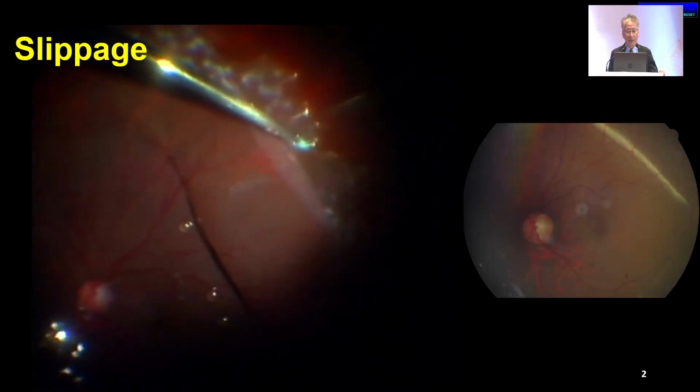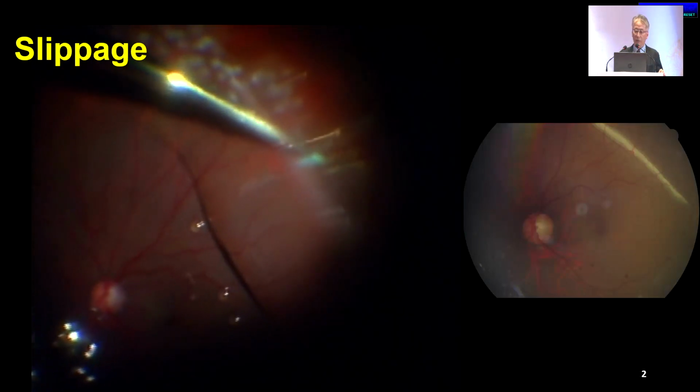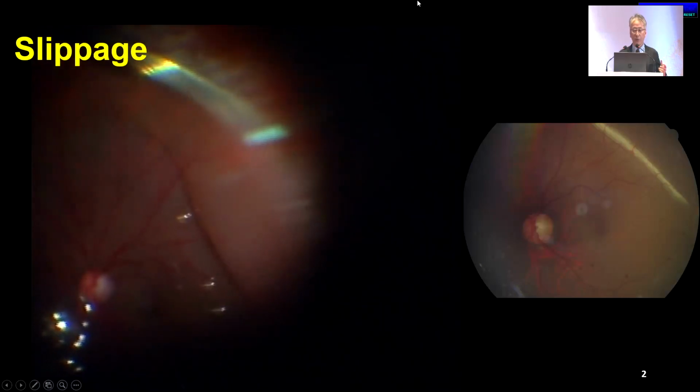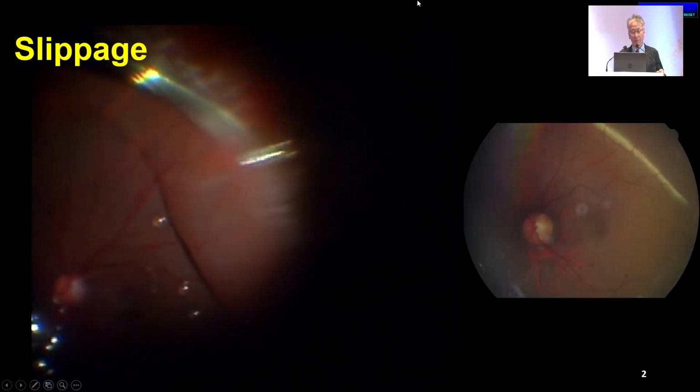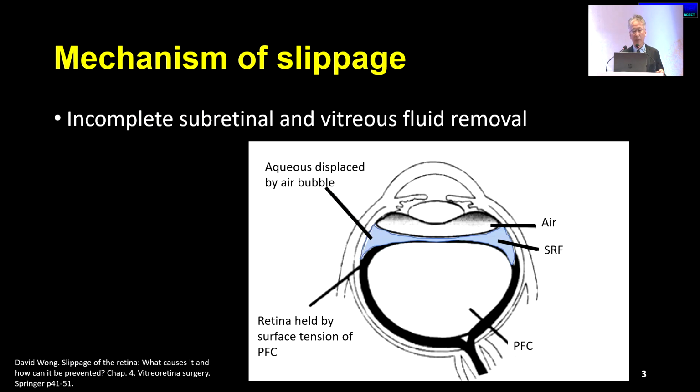So every time I see this patient, I feel very sorry. Although the central visual acuity is okay, there is some field defect. What happened with this slippage is that you have incomplete subretinal and vitreous fluid removal. When you have the perfluorocarbon, the flap actually sits on the perfluorocarbon, and then you have a space for the aqueous.